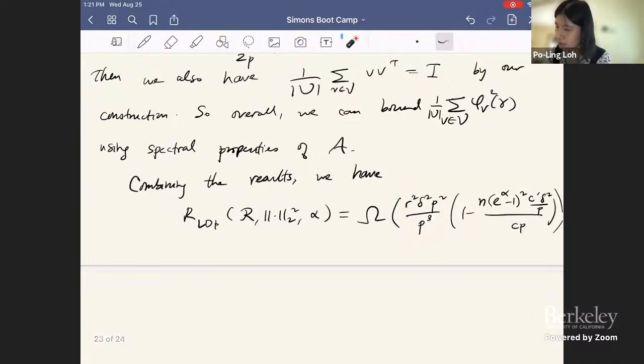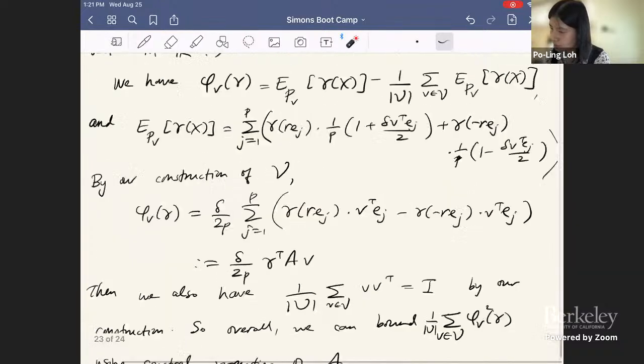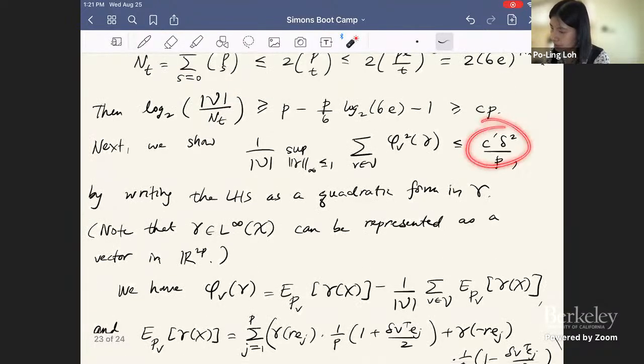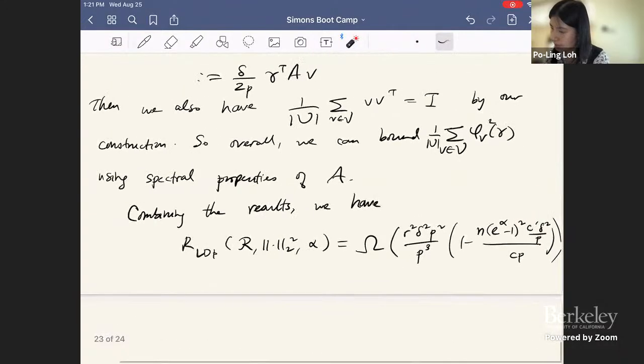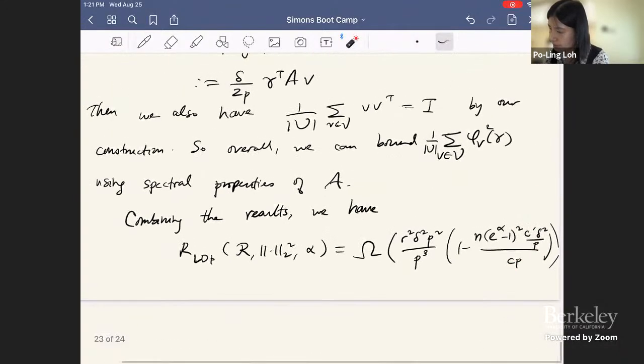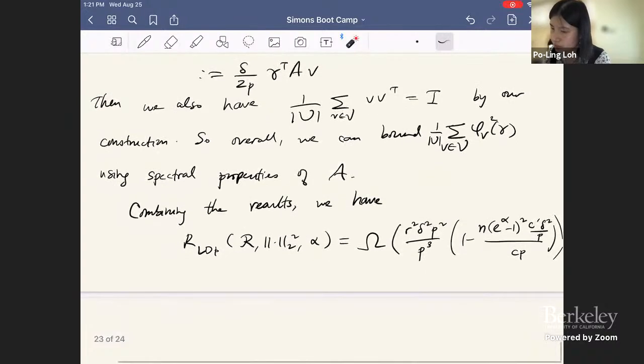And then the bound has 1 minus this guy. This is the bound that we just derived from up here. And then we had a bound on the log of the set, which was CP. Okay, so we put it all together.